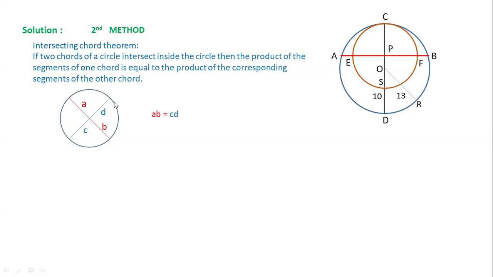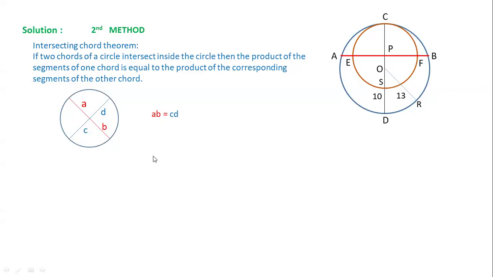So two chords intersecting inside the circle. This is one segment of this chord, which is named A. The other segment of this chord is B. The second chord, this segment we take as C, and this segment as D. So the product of the segments, that means A into B is equal to C into D. We are using this concept here.